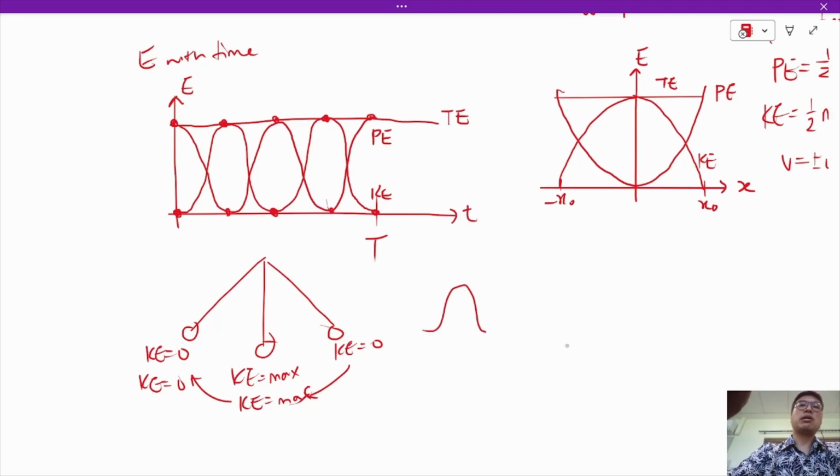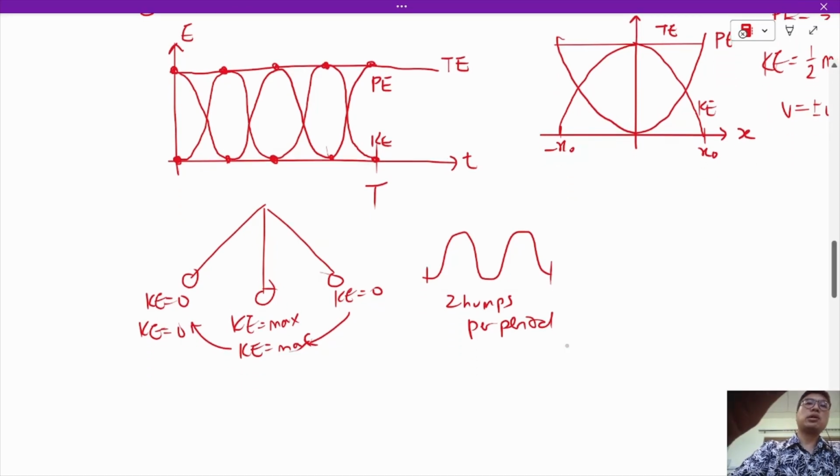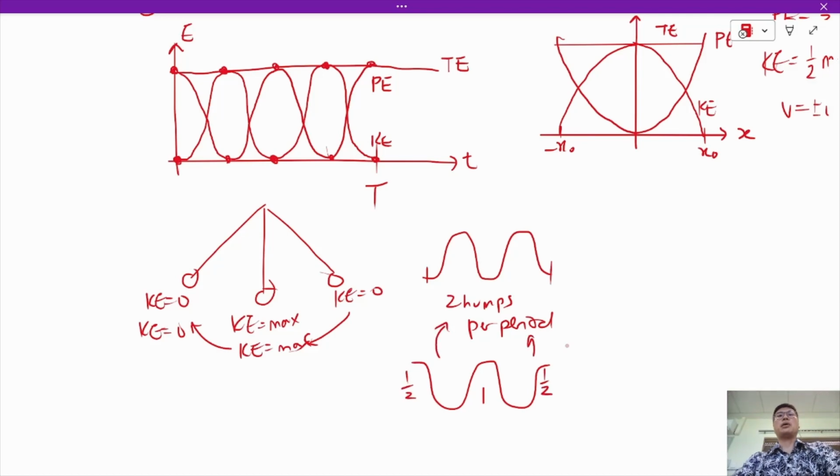So this is the KE graph, one period, two humps per period. What about the PE graph? The PE graph also has two humps per period. See, this is one hump here, half a hump here, and half a hump here. So also two humps per period.